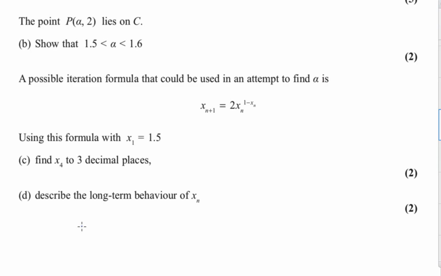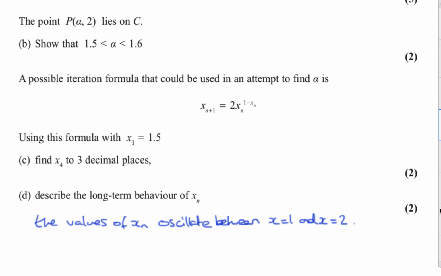And if you keep going, you'll see that it eventually starts oscillating, switching between 1 and 2. So that's what it wants us to say. The values of x n oscillate between x equals 1 and x equals 2. I think it was one mark to say that it oscillates and another mark to say that it's between 1 and 2.